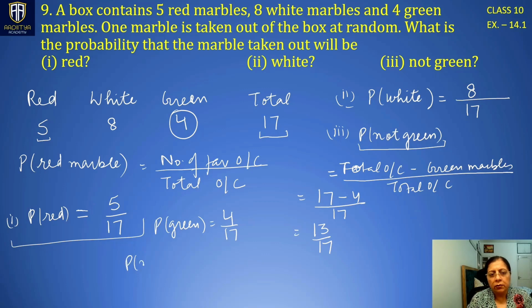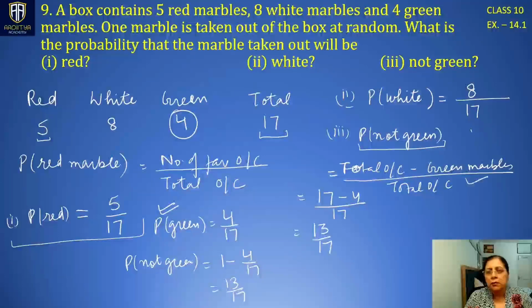And the probability of not green is the complementary event. So we get 1 minus 4 by 17. That is 13 by 17. So these are the two ways. This is one way and this is the second way. You can find the value of not green or any complementary event by either of these two methods, right?